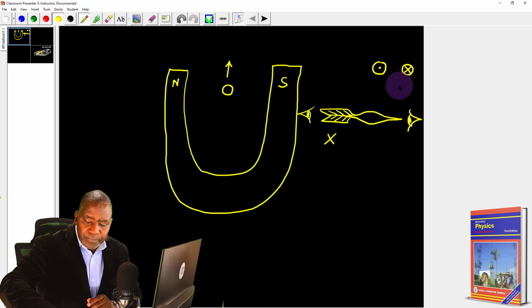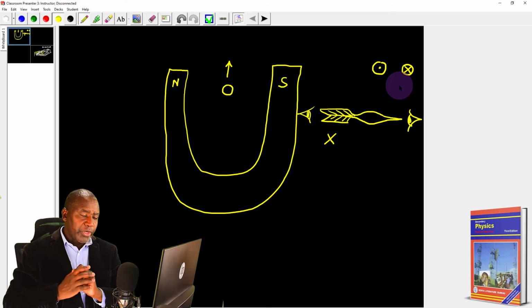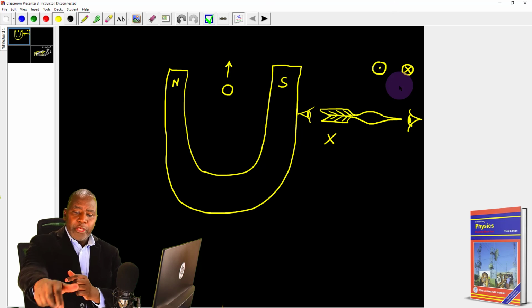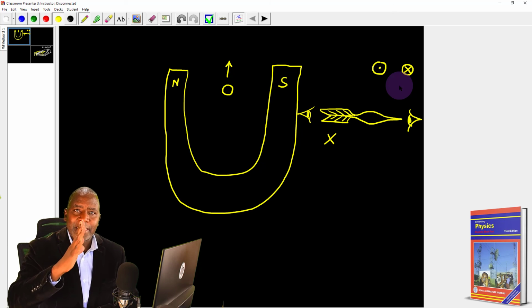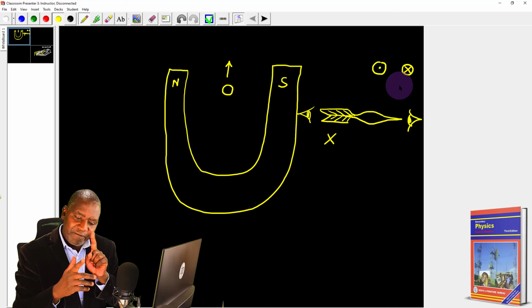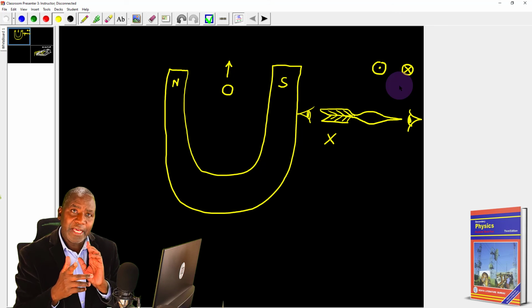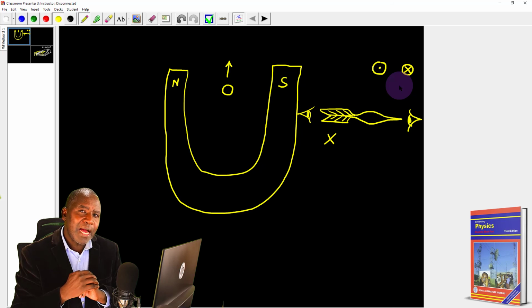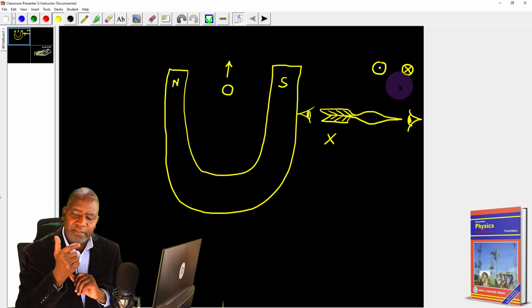Now, the other thing is this. Before we look at that diagram, I'd like you to use your right hand, not left hand. I want you to hold the thumb, the first finger, and the second finger in such a way that the three fingers are perpendicular to each other, like this.